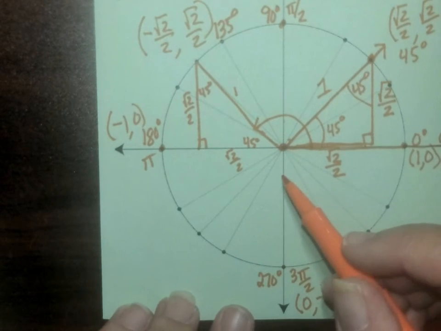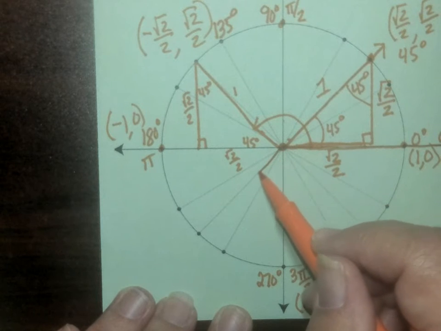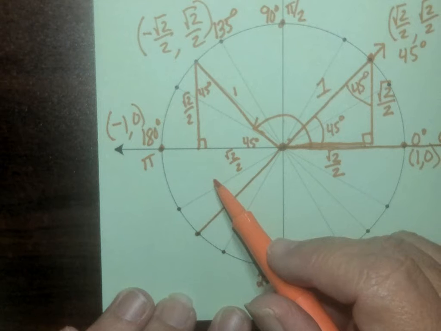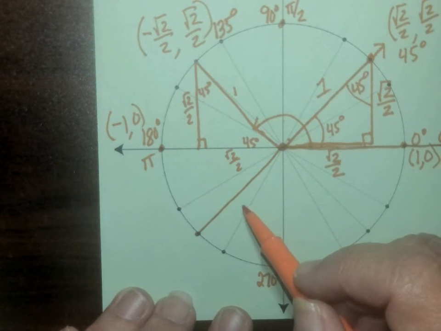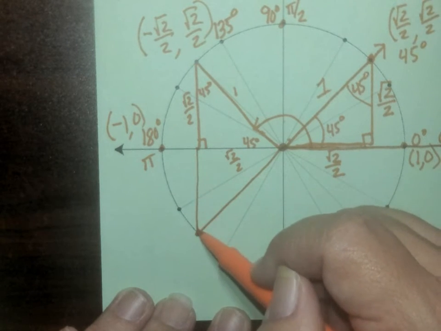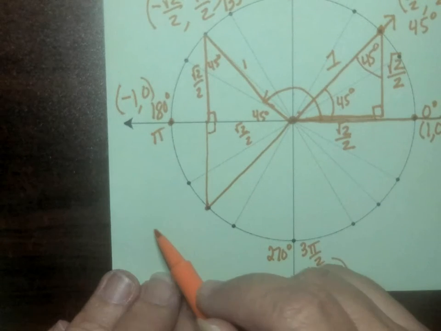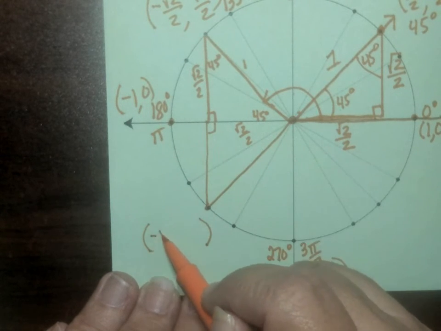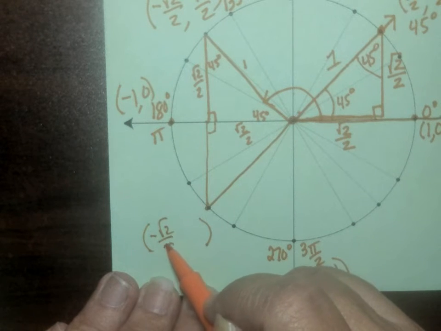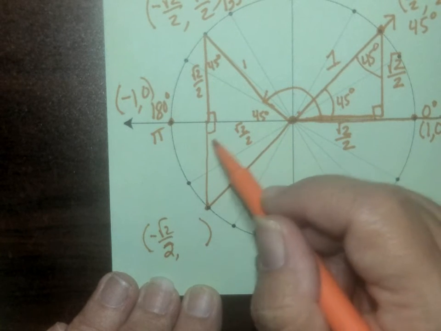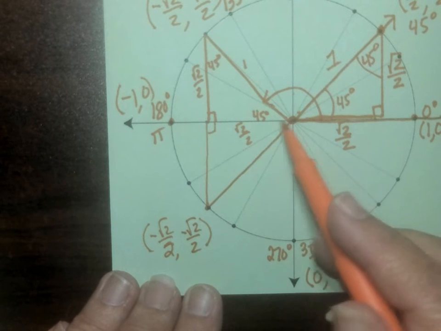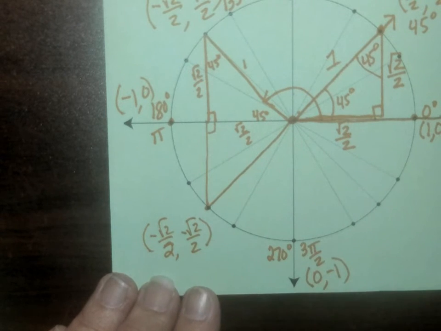All right. So now, do you see here's the other 45 degrees? I think we can look now without even drawing the triangle. I mean, you can draw the triangle if you want. But this ordered pair is going to be negative square root of 2 over 2, and then negative square root of 2 over 2, because the x and the y are both negative in the third quadrant.